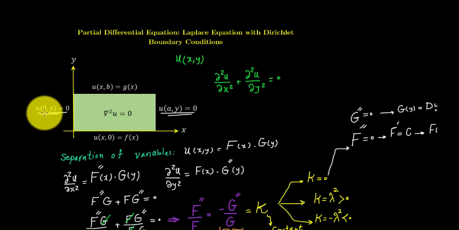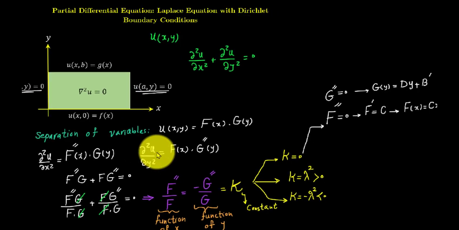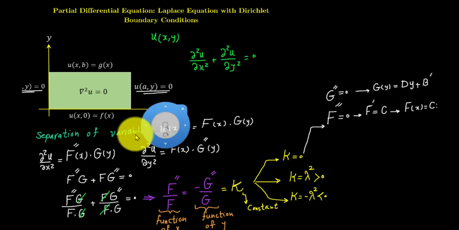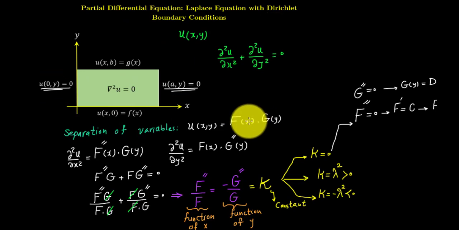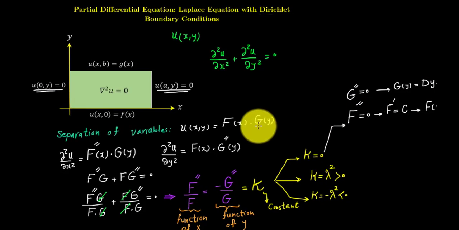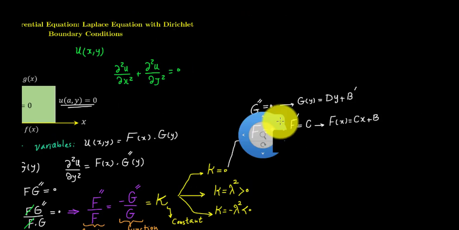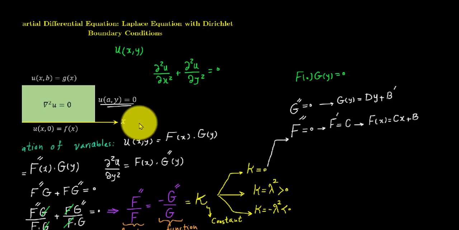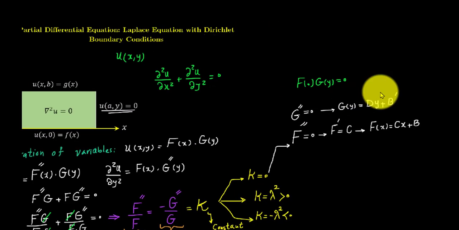In this case, we have u of 0 comma y equal to 0. Remembering that from separation of variables, we assume that u is a product of f of x and g of y, I can plug 0 for x, keeping the y as it is, and I will get f of 0 times g of y equals 0 because of this boundary condition.